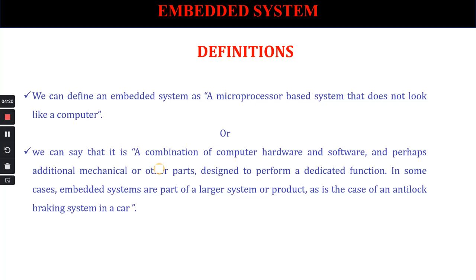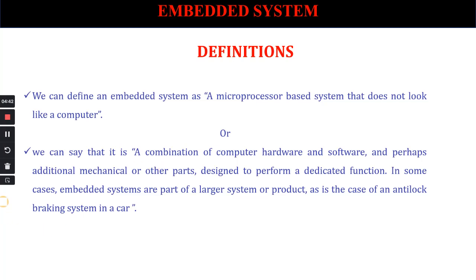The task can be anything. For example, it can be a temperature controlled fan, a temperature controlled air cooler, a water tank controller. There will be some dedicated task, like operating a fan, a switch, or a motor, anything it can be.